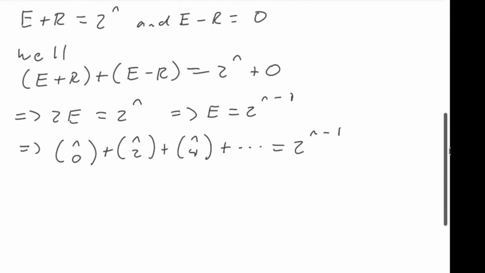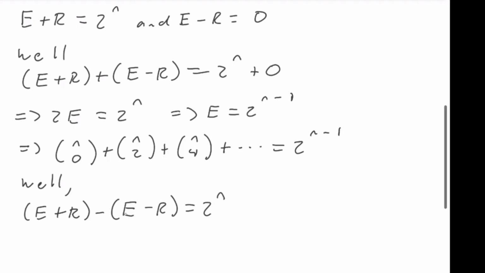Okay, well, instead of looking at e plus r plus e minus r, let's look at e plus r minus e minus r. e plus r is still 2 to the n, and e minus r is still 0.